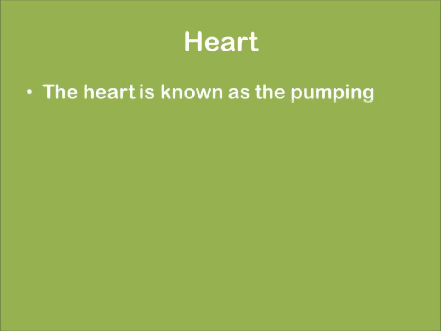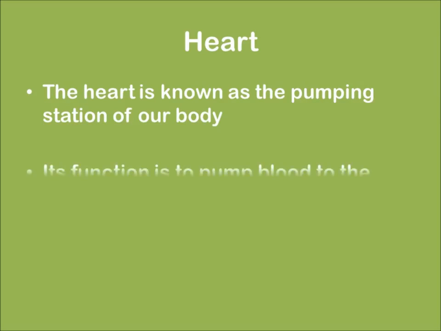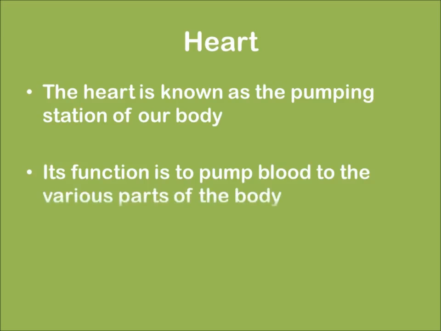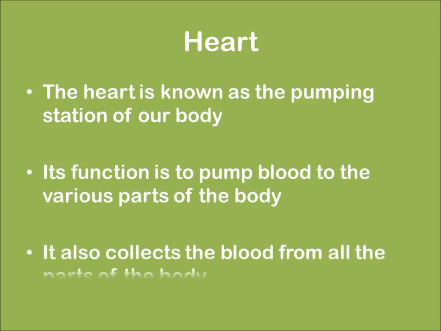So let's learn about the heart. The heart is known as the pumping station of our body. Its function is to pump blood to the various parts of the body. It also collects the blood from all the parts of our body.